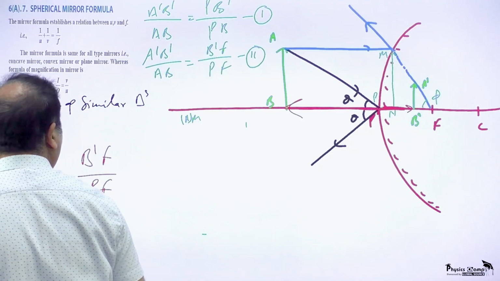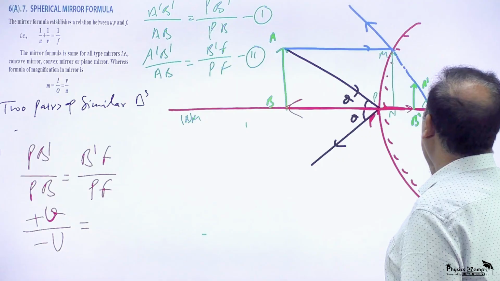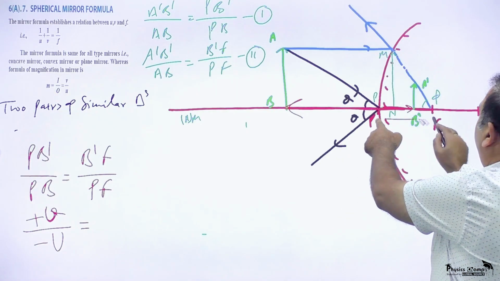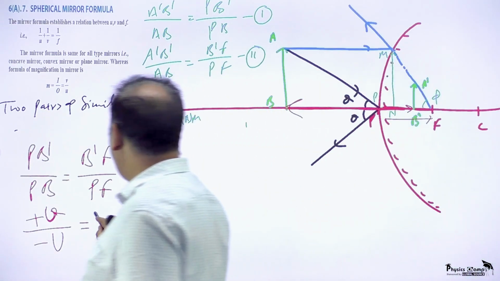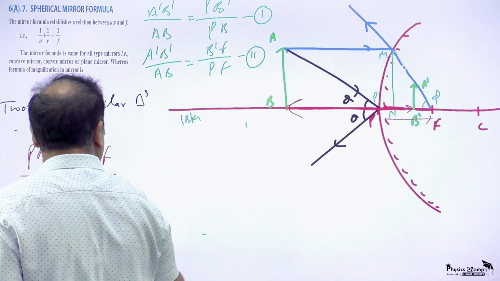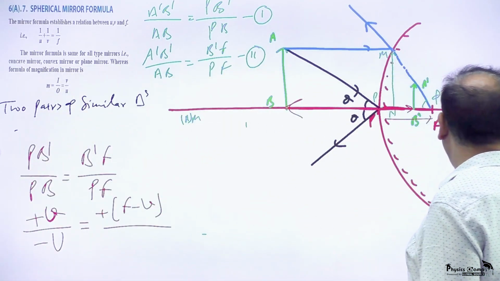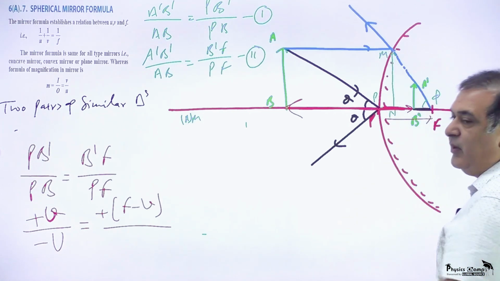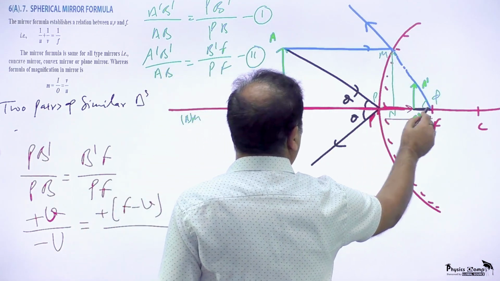Now, how much is B dash F? We are looking for this gap only. The whole distance is F, but B dash is V, so it is F minus V. And PF, P to F, is plus F.